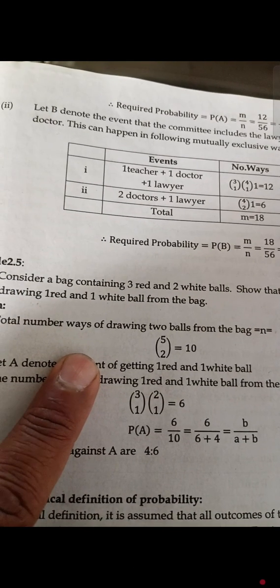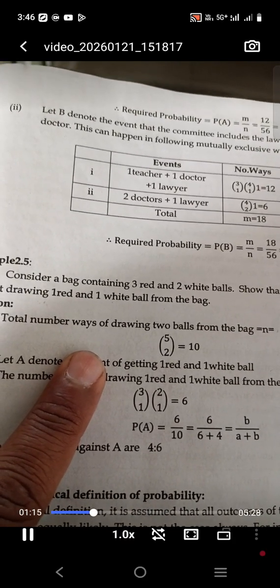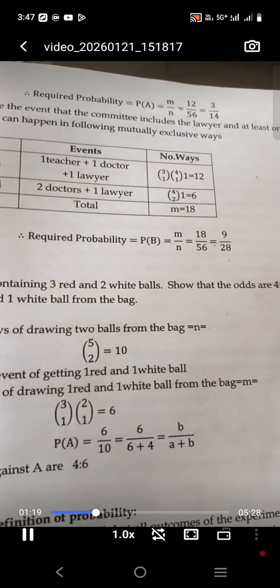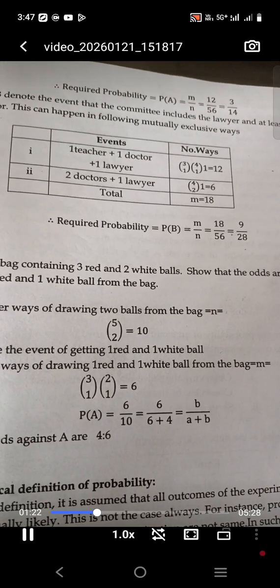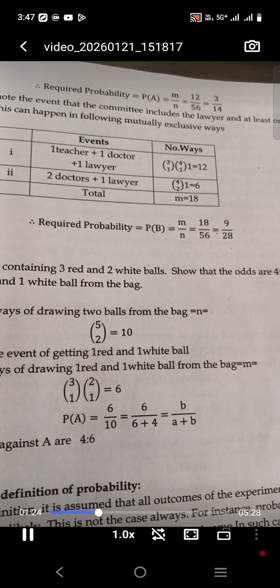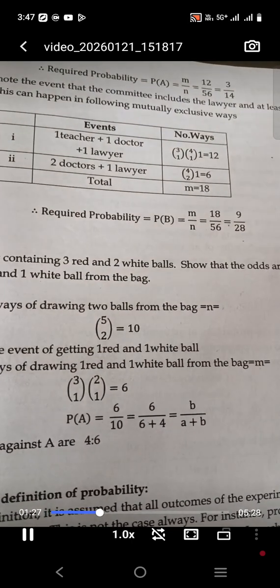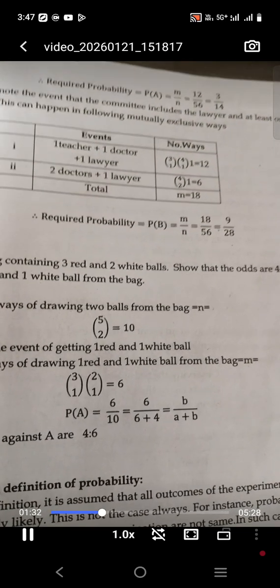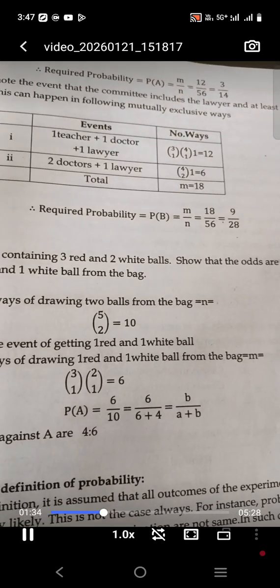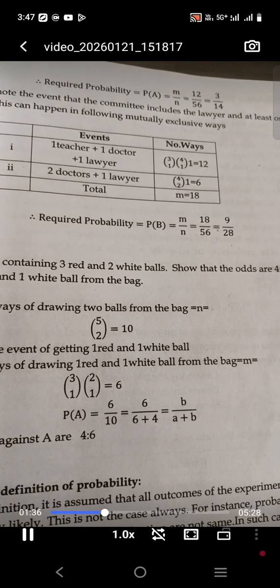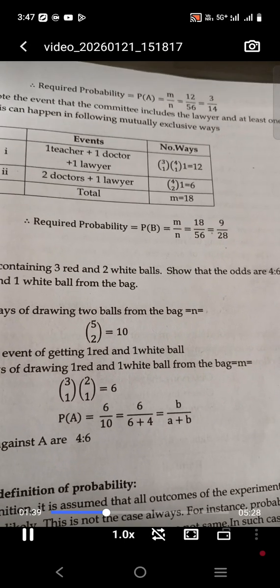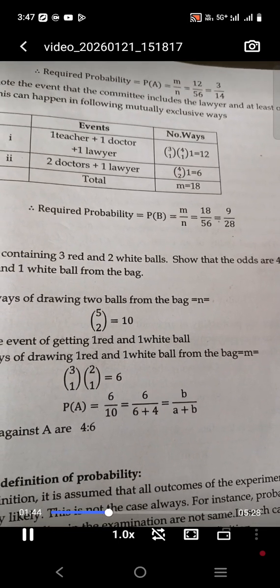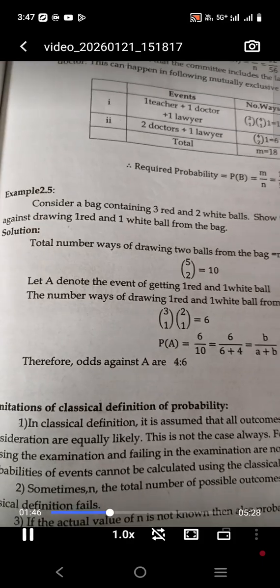So the total sample space is 5 combination 2, which is 5 into 4 divided by 2, that is 20 divided by 2 equal to 10.